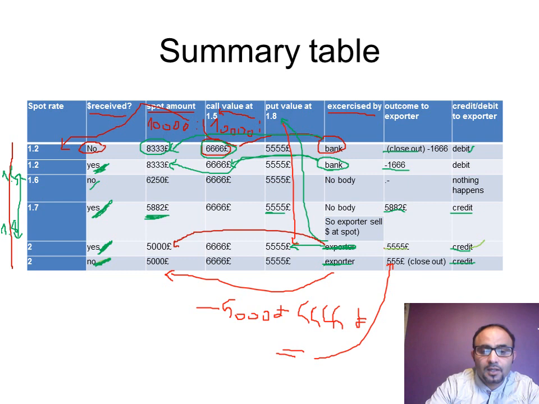Okay. Now, if we have the bad scenario in which he has not received any money, so we are at a situation where we wanted to exercise our put option because we are above the put, but we have not received any money at all. So what can we do? In this case, the exporter will still want to exercise his option.